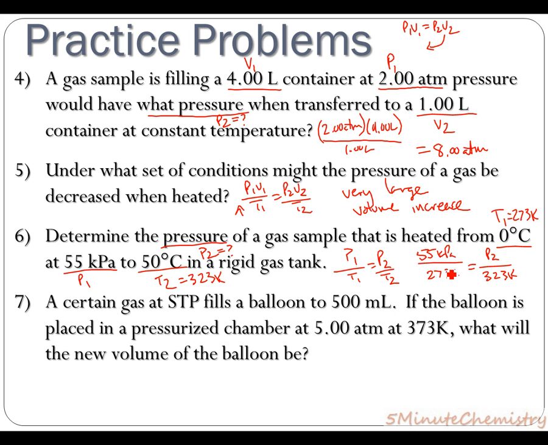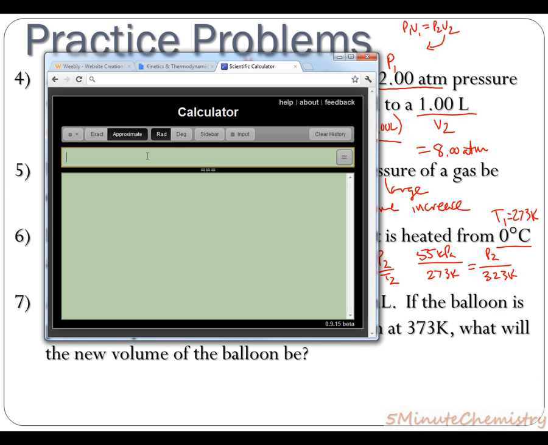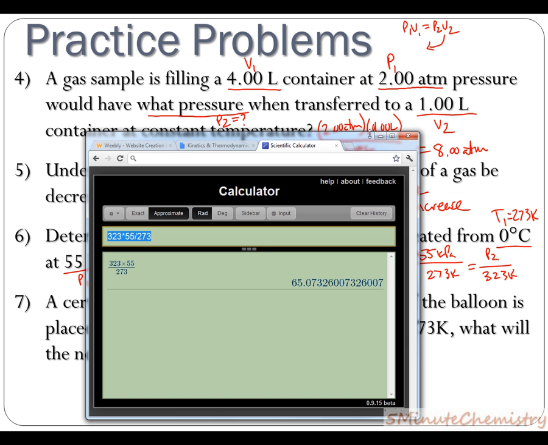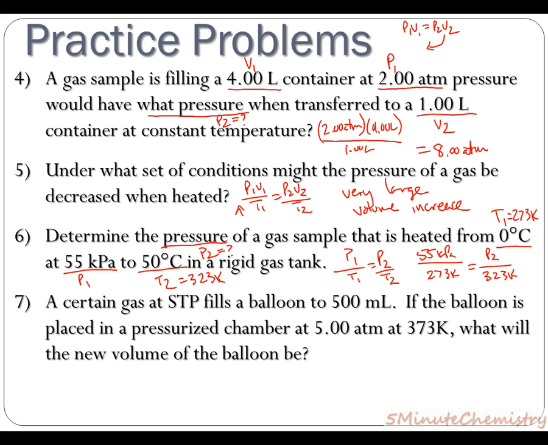When I do that math, I'll go ahead and work it out with you here. We're taking 323, multiplying across by 55, and then dividing by 273, and that gives us 65.07, which when rounded is just going to be 65, because we have only 2 significant digits here. P2 is 65 kilopascals.